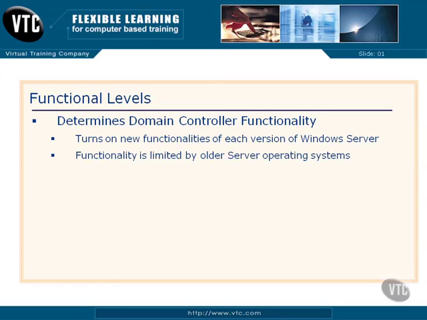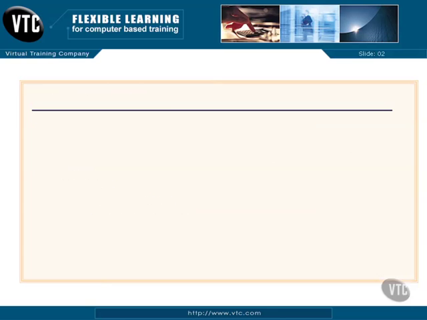And the functionality across your domain or forest is obviously limited by the oldest server operating system that you have in place. Now, there are 2 levels at which we can set functional levels: the forest functional level and the domain functional level. Now, let's take a look at these.